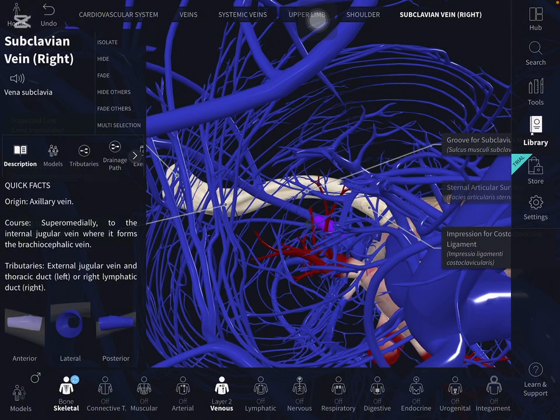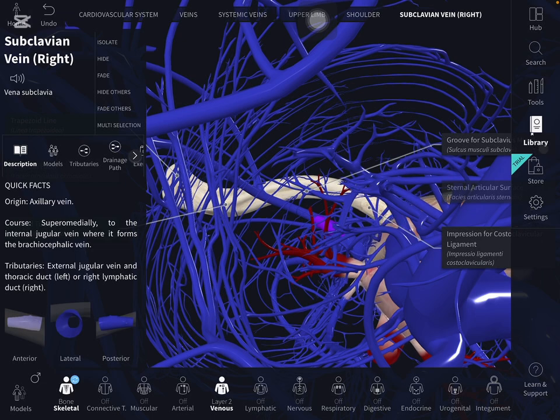Okay, this is the subclavian vein which lies medially, and the acromiothoracic artery I have already shown in the diagram. So the important relation of the clavicle includes medially the subclavian vein and laterally the acromiothoracic artery.